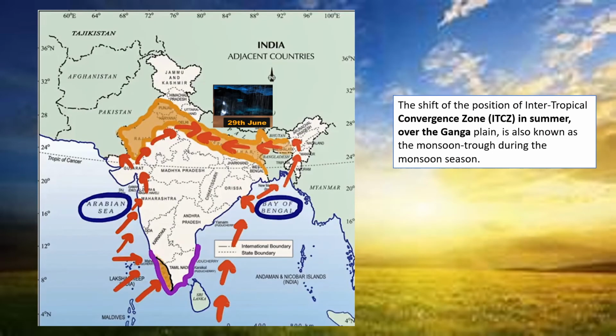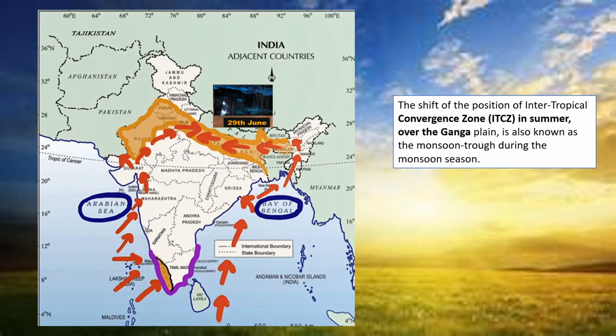Now let's see this diagram. Here we can see the Arabian Sea branch moves northwards, and when it reaches Gujarat, it takes a right turn towards the Ganga plain. The same thing is seen with the Bay of Bengal branch as it moves northeast, and once it reaches Assam, it takes a right turn towards the Ganga plain.